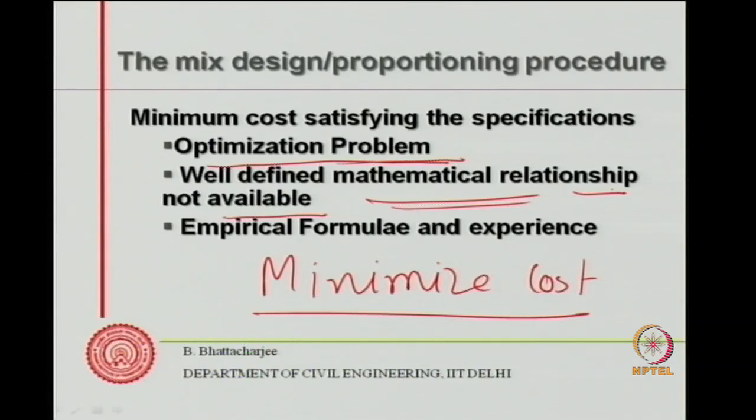In fact, if you look at a book by Sandor Popovics, he has listed as many as 50 plus equations for slump of concrete related to various factors. Now, what does it mean? They cannot be general. A general equation satisfying all the conditions would have been only one.